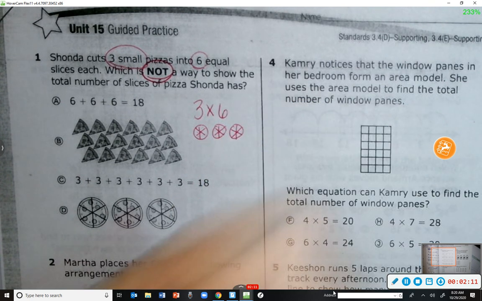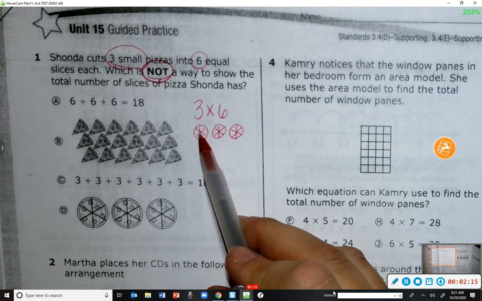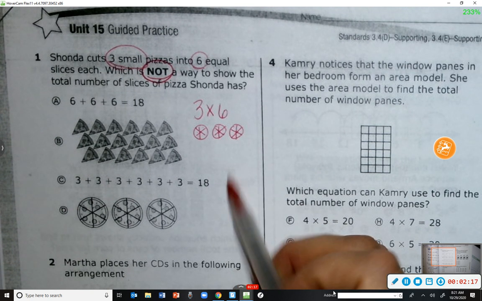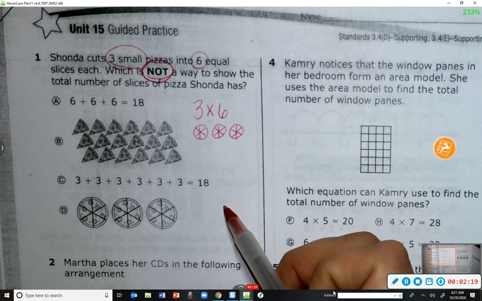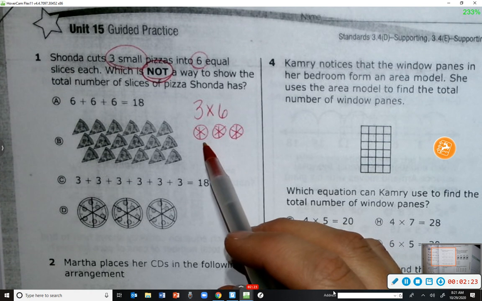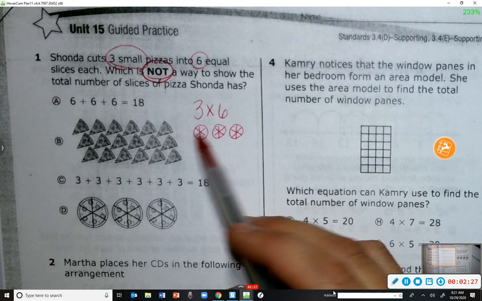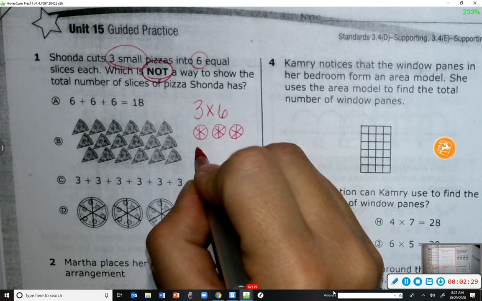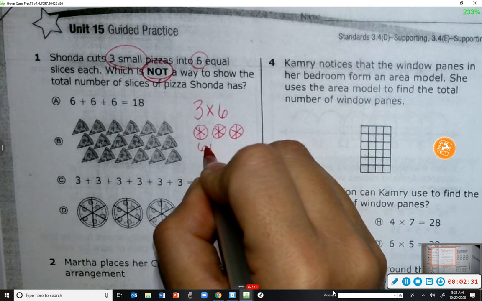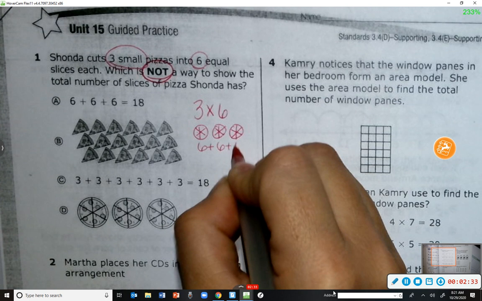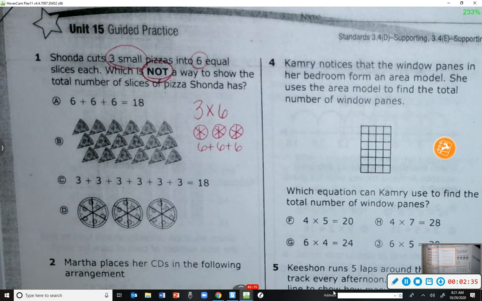Okay, so there, I'm just going to draw a quick little model to help me see the pizzas. 1, 2, 3 pizzas with 6 slices in each. Okay? So if I were to want to know the total amount of slices, I would look at these pizzas and add 6 plus 6 plus 6. Why would I add 6 plus 6 plus 6?